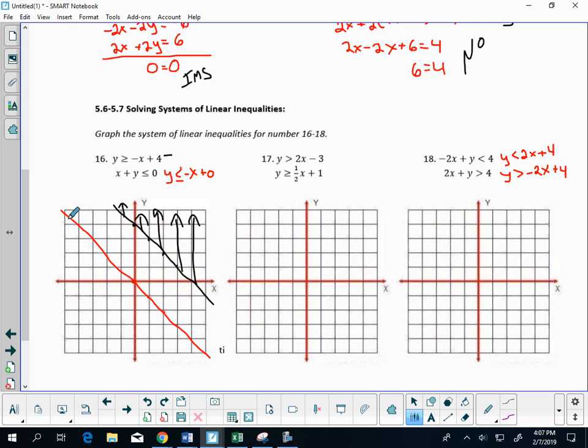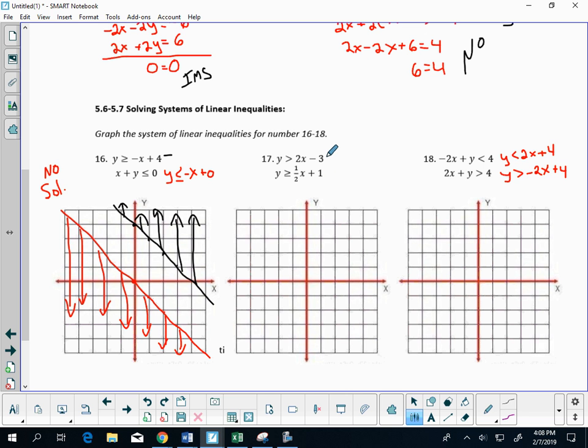And that's a less than, so I shade lower. I go below the line, I shade it downward. Well, if you notice, neither one of these overlap, so that would be a no solution.